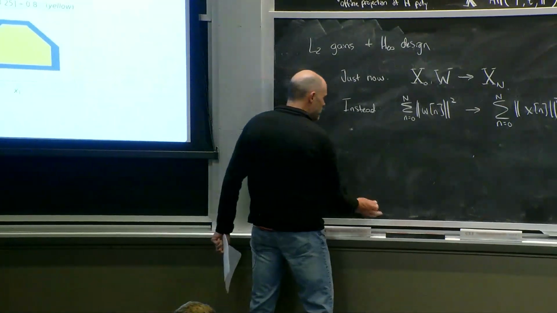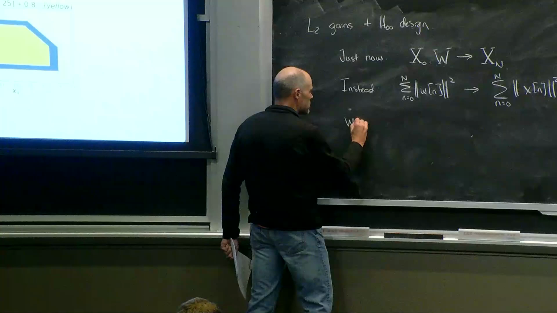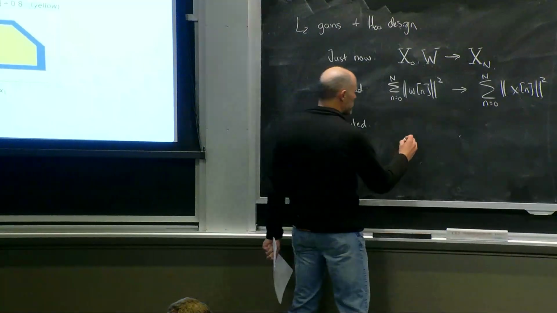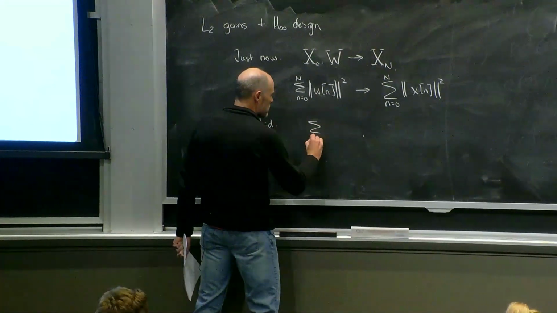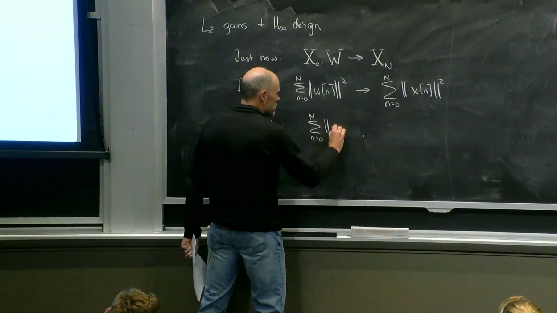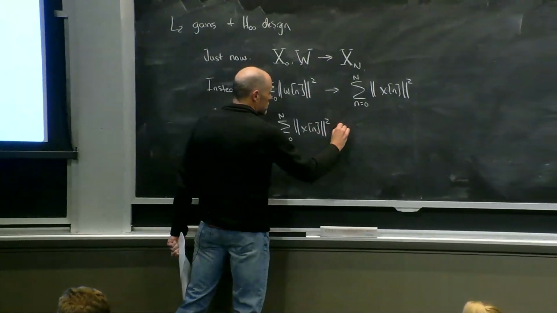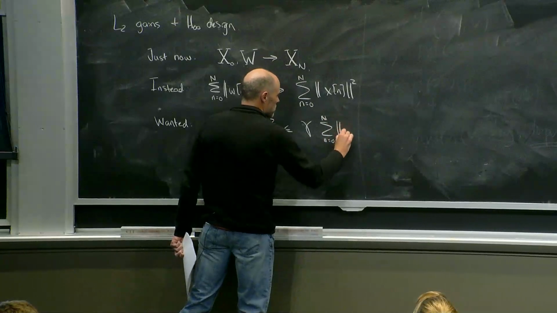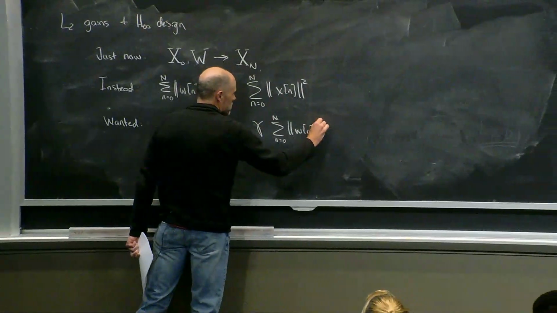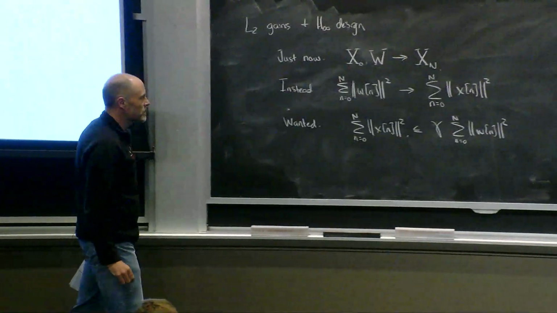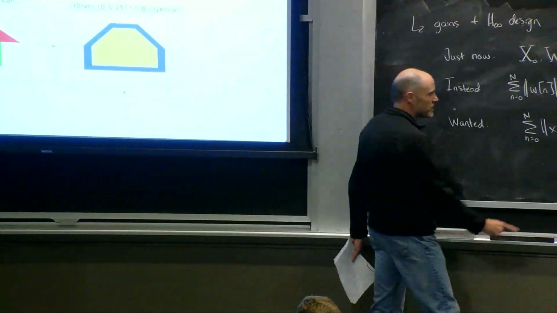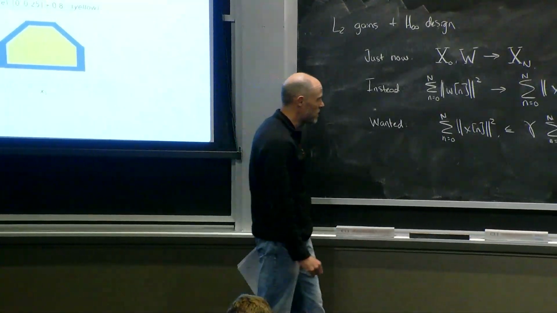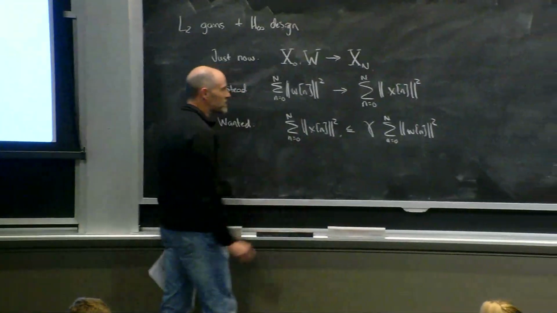And what we want is to actually find a bound which says that somehow, if W is small, if the total signal that I push into my system is small, then my total system response is small.